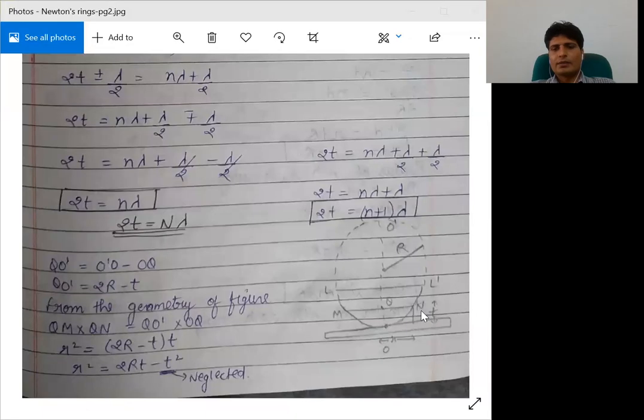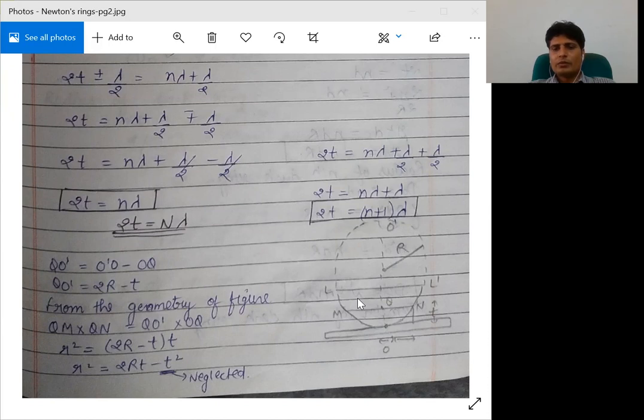After this, you can check in the notes, I have given a figure. In this figure, you can see what we have done. We have extrapolated the circle from where this plano convex lens is cut.